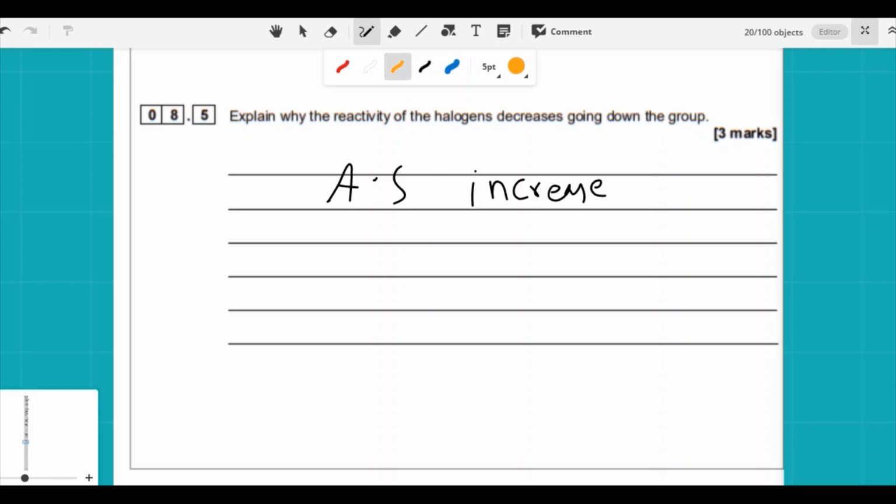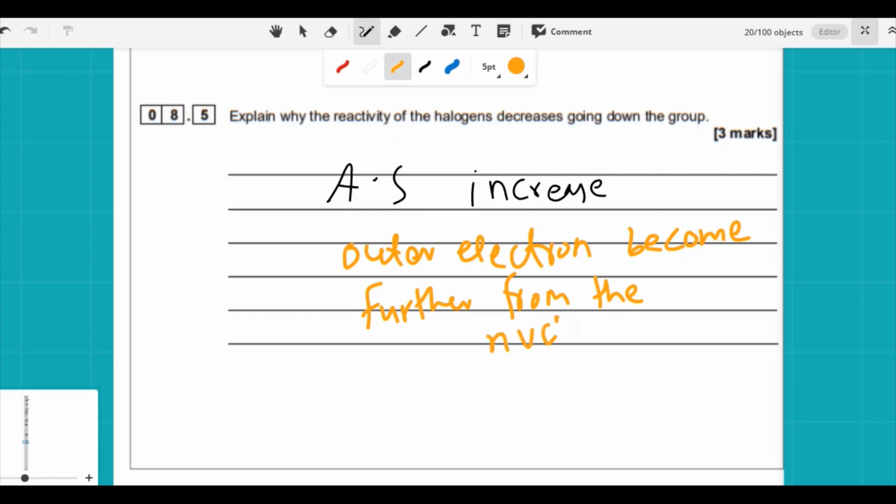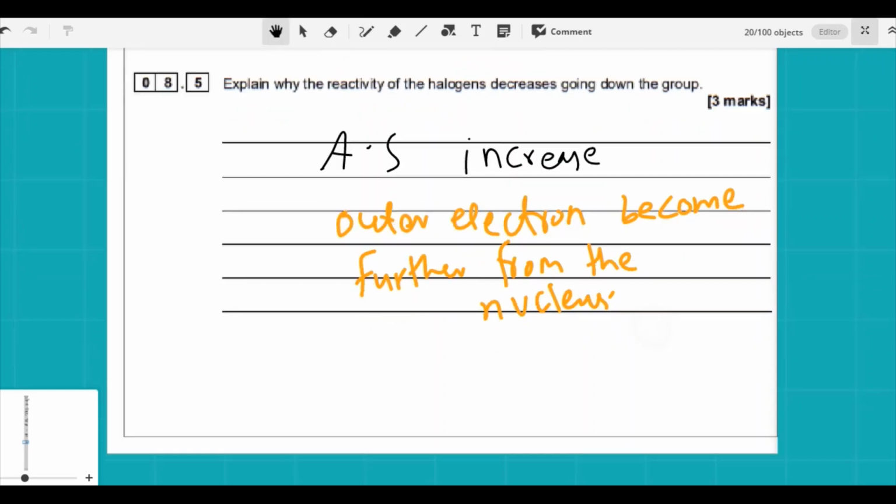Due to atomic size increase, the outer electrons become further from the nucleus. Okay, so it means that the nucleus has less attraction for the outer electrons.